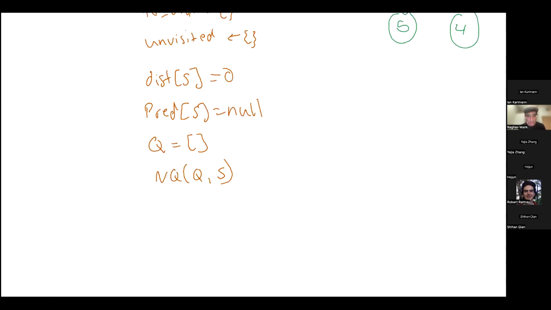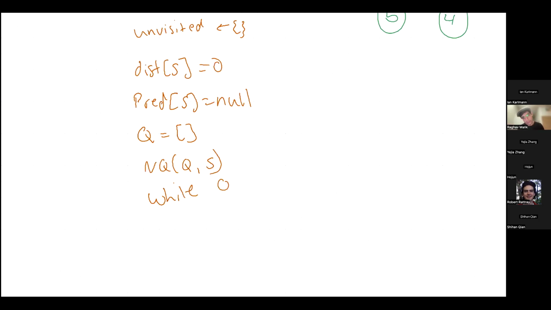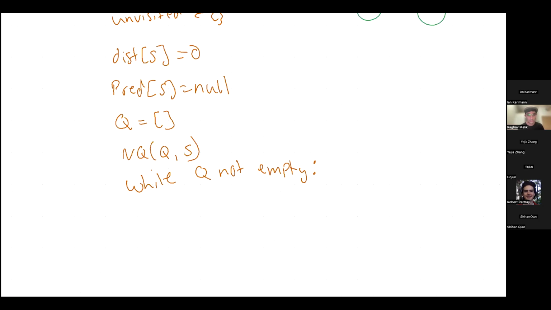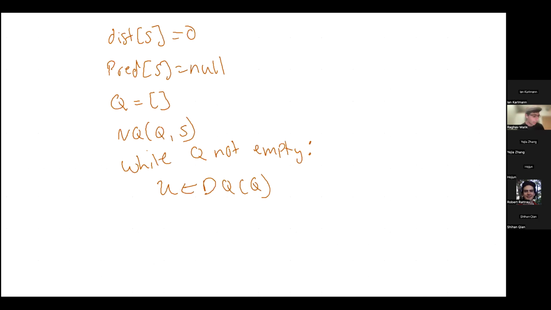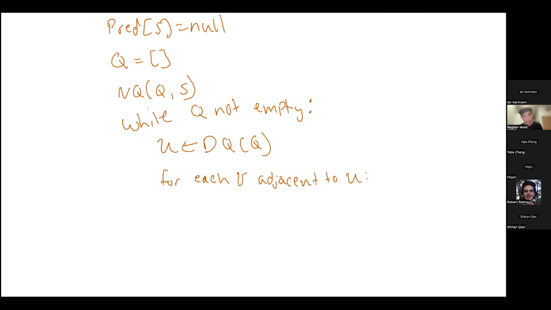And then just like we did with a breadth first search over a tree, we say while the queue is not empty, I dequeue a node. And then I can say for each v adjacent to u, enqueue v, right?